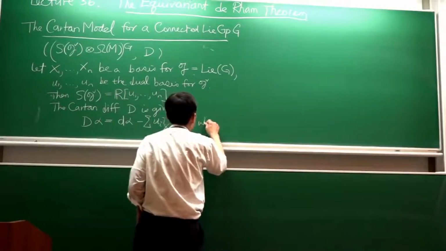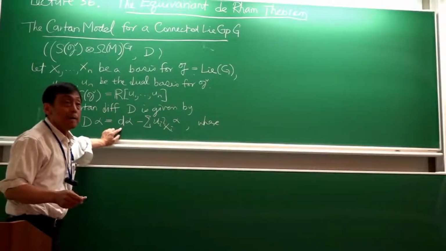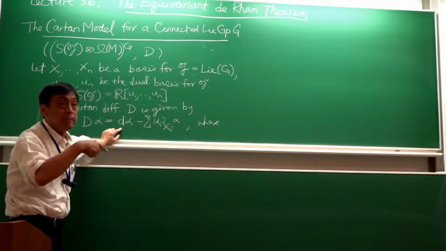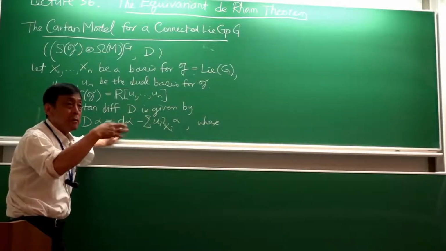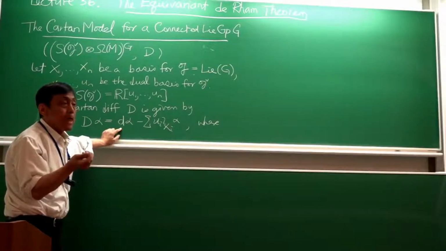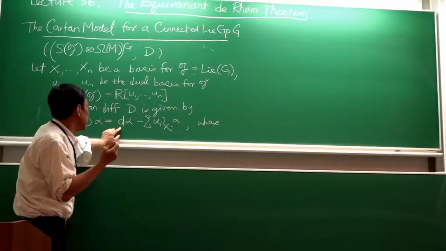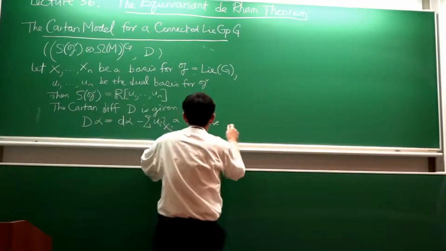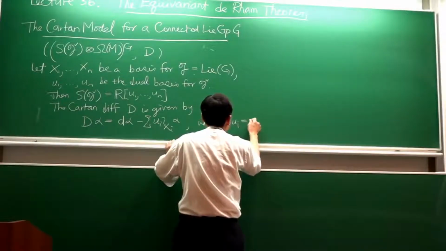But in the Weyl model, when you apply d to theta and u, you have a formula given by the structure equation in differential geometry. But here, in the Cartan model, you define d u_i to be 0.